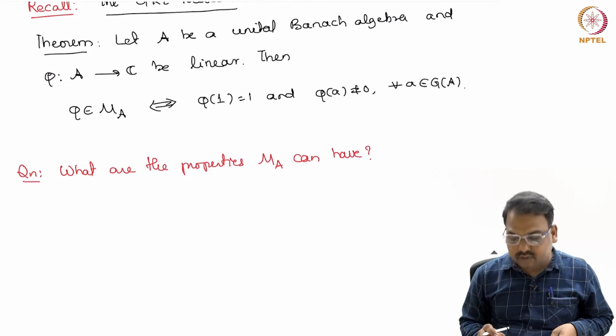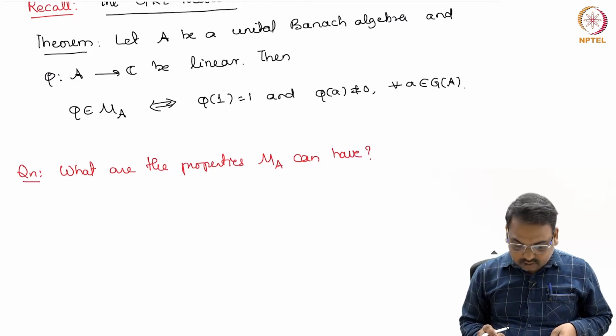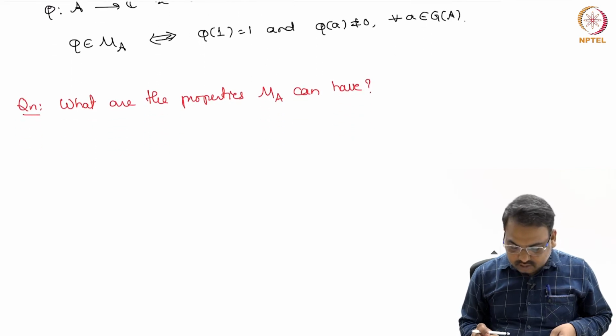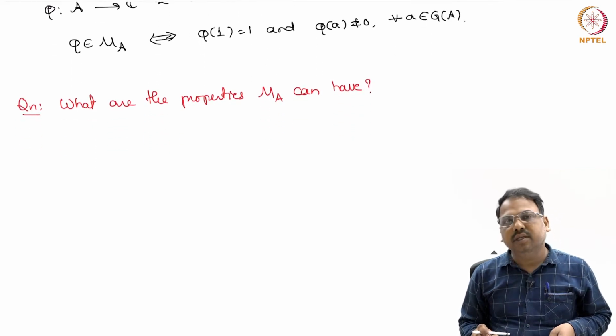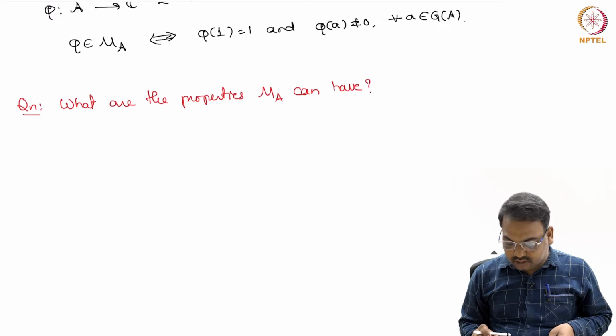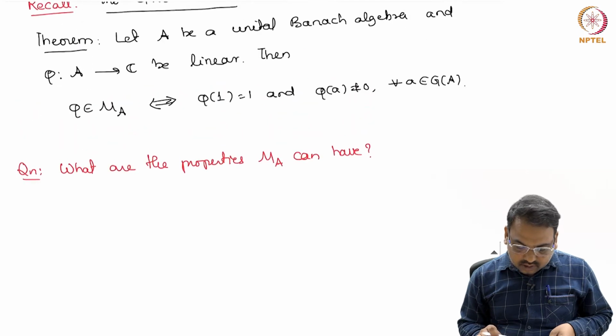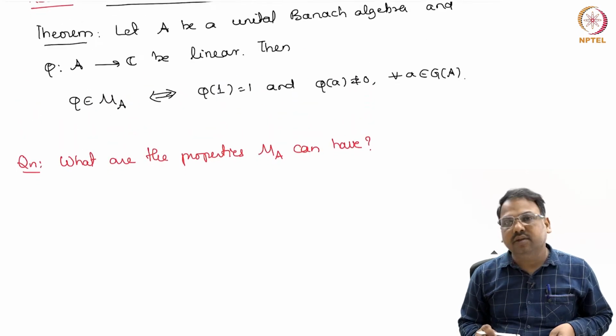What is it useful for in describing the algebra? Soon we are going to discuss that any commutative unital Banach algebra can be seen as a subalgebra of C of MA. That is the Gelfand theorem. So before discussing that result, we need to study some important properties of MA.